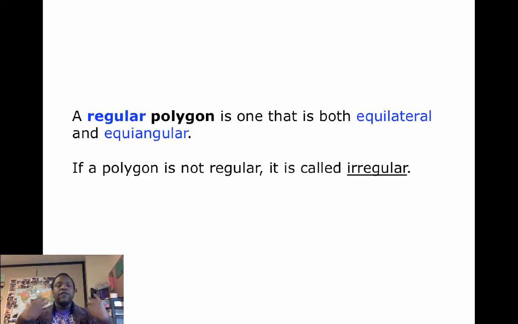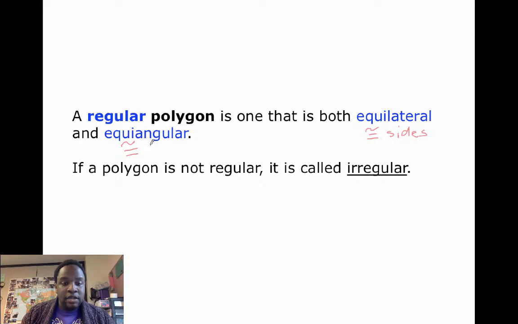So now there are different types of polygons. There are regular polygons and irregular polygons. And so it doesn't matter how many sides there are, as long as there are three or more. But a regular polygon is both equilateral and equiangular. So remember, that means congruent sides, and equiangular means congruent angles.